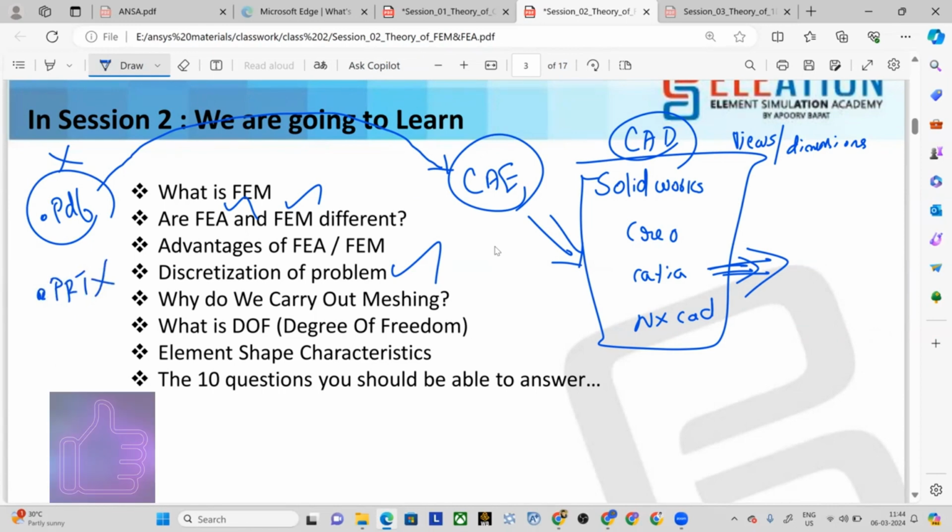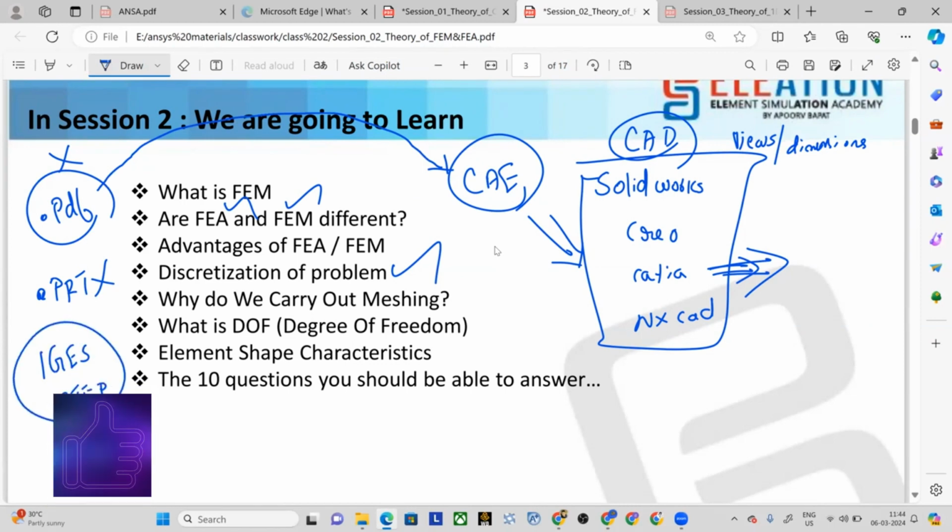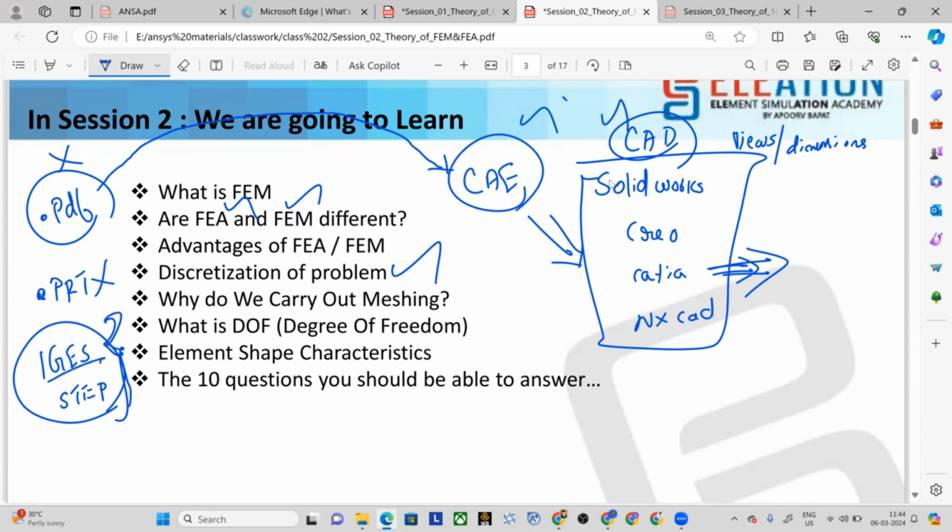The only universal graphic standards you have to follow are IGES or STEP. These are the two universally accepted graphic standards for any software, whether CAD or CAE. So they will model and keep the file in this format. While saving, it will give you the option of which format you want the file in. At that time, they have to choose either IGS or STEP. Now this can be exported to the analysis software, and then we can do the analysis.